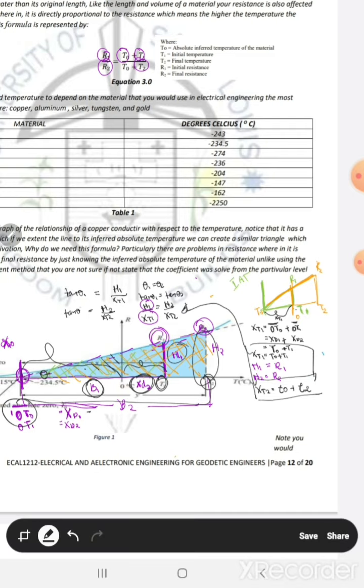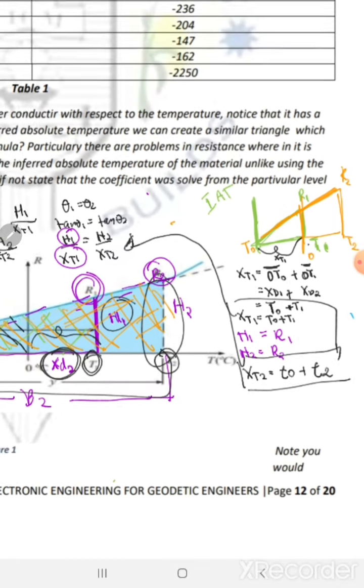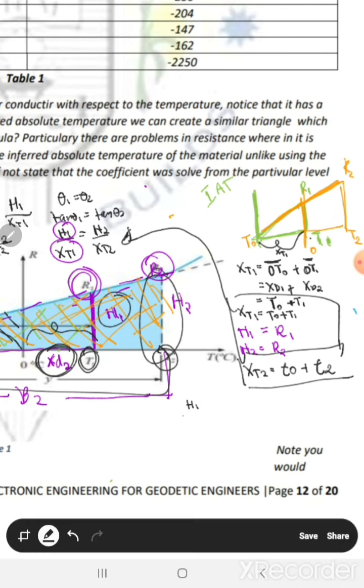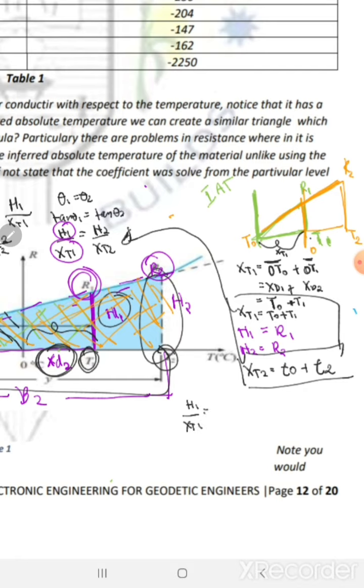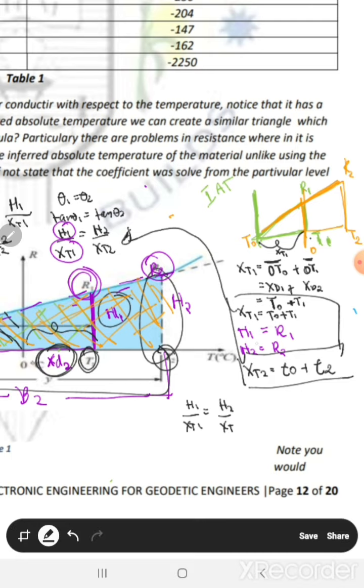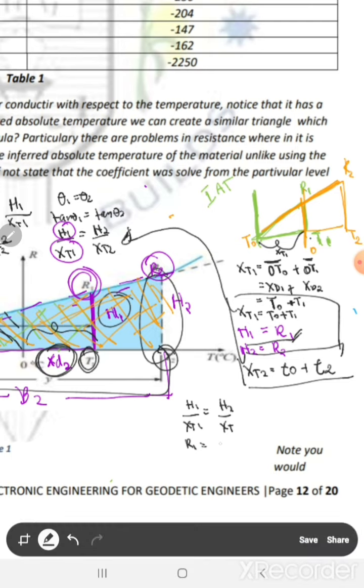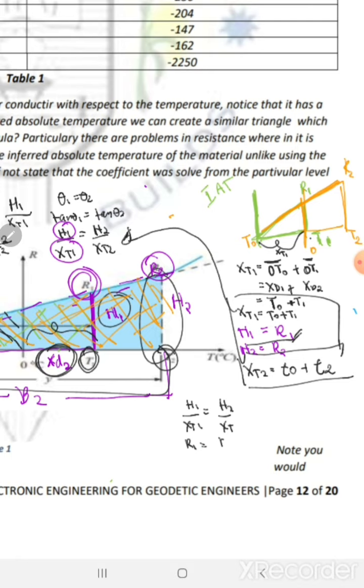Alright? So, we have our H1 over XT1, which is equal to H2 all over XT2. But what is our H1? Our H1 is simply equal to R1, and our H2 is simply equal to R2.